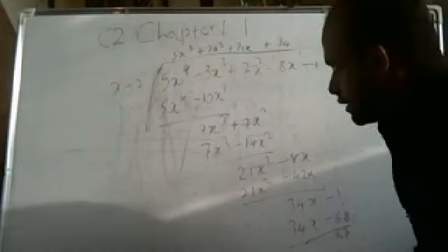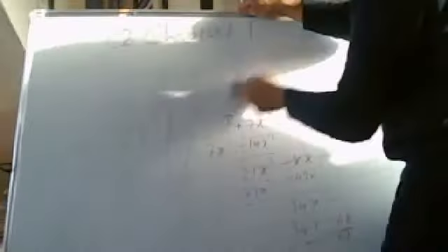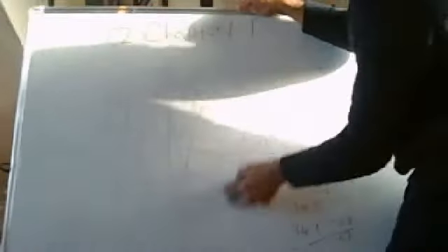So that's algebraic division. Now let me just do one last question where some of the terms are going to be missing in the middle. So what happens if all the terms are not there in an expression or in a polynomial? So let's say we have something like x cubed minus 8 divided by x minus 2. So let's see what happens in this situation.